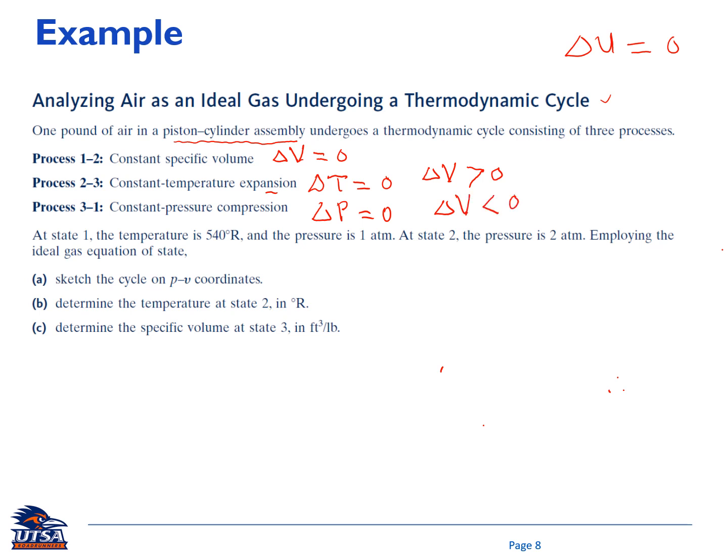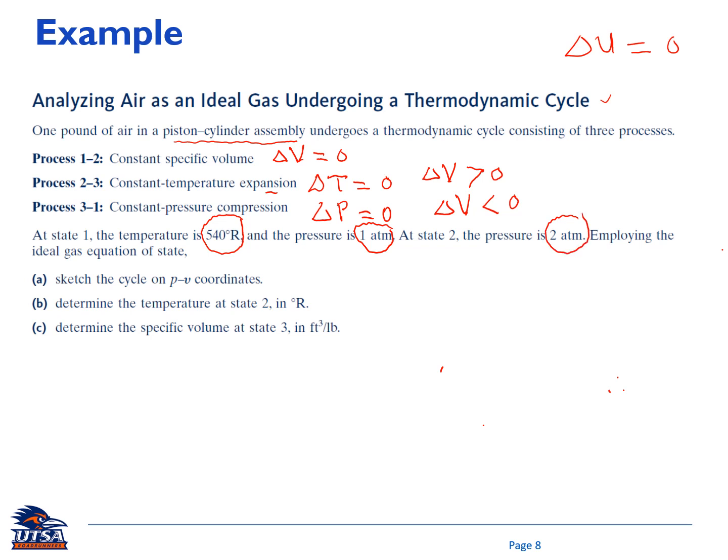The condition at state 1 is given here. We have 540 degrees Rankine, so here is a British unit, and pressure is 1 atmosphere. At state 2, the pressure is 2 atmospheres.